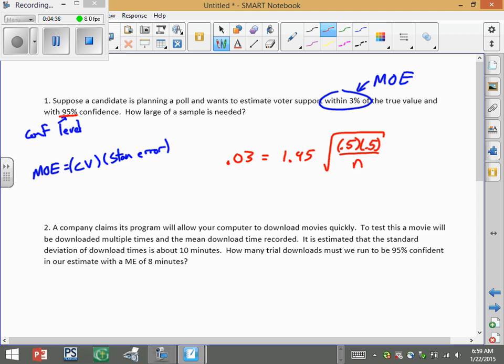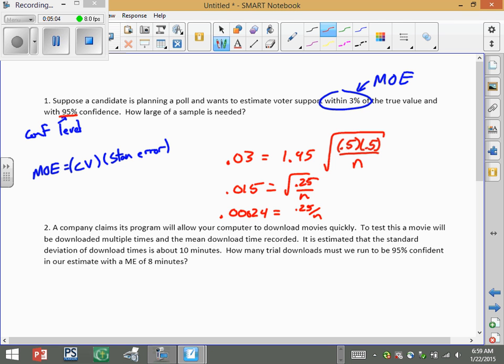Take the 0.03 and divide both sides by 1.96. We get 0.015 equals the square root of, I'm going to multiply those together, 0.25 over n. Square both sides. So now you've got 0.0024 equals 0.25 over n.